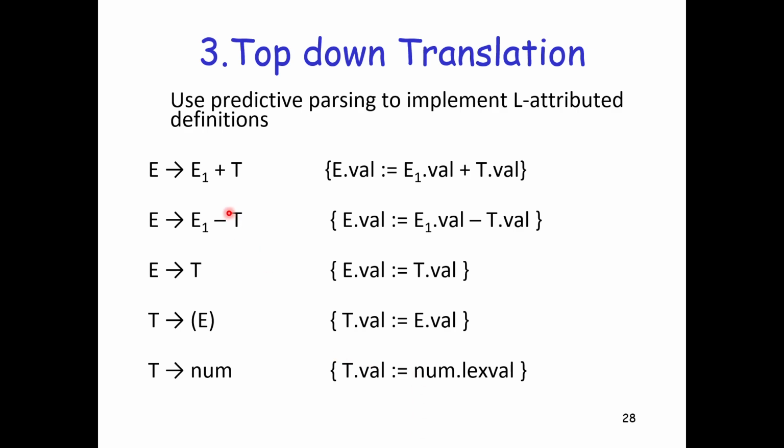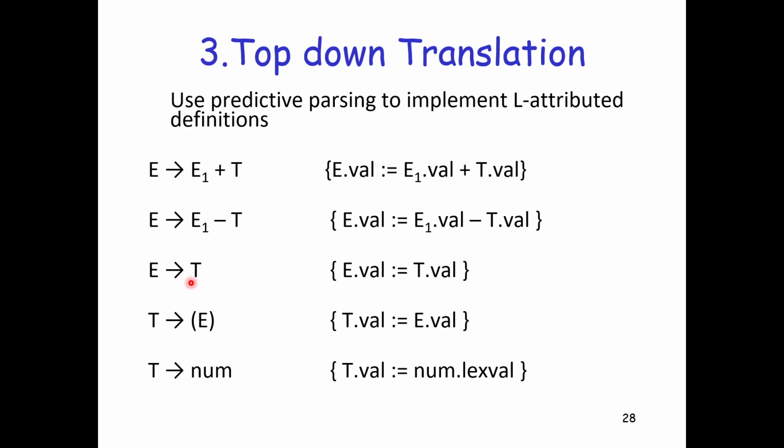E gives E plus T, or E gives E minus T, or T. All three of these are E productions. So this is A gives A alpha, where plus T is alpha 1, minus T is alpha 2, and T is beta. So A gives A alpha or beta should be replaced with A gives beta A dash.